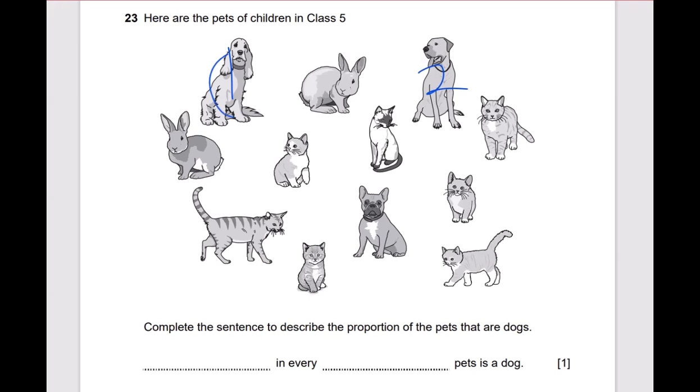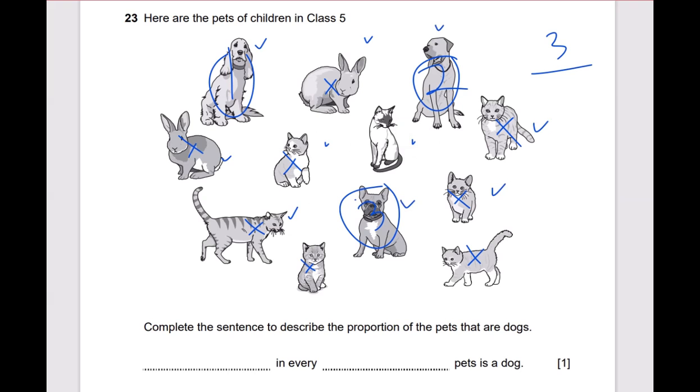So again, now we count: dog is 1, 2. Another dog is a 3 here. So this is rabbit, this is rabbit, this is cat, this is cat, this is cat, this is cat, this is cat, and this is another cat. So we have 3 dogs. 3 out of all together is 1, 2, 3, 4, 5, 6, 7, 8, 9, 10, 11, 12. So 3 out of 12.